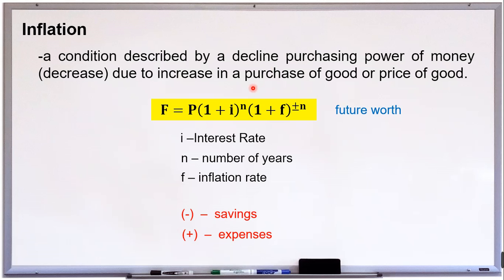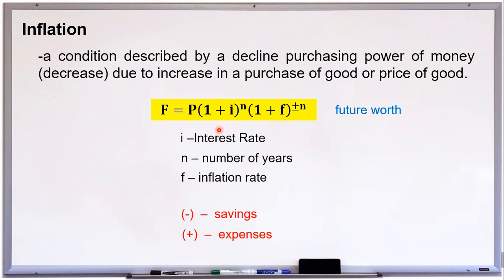Now, for this concept, we're going to use this formula in evaluating the magnitude of the effect of inflation on our money, or on our transaction. So we use this formula: F equals P times (1 plus i) raised to n times (1 plus f) raised to plus and minus n.